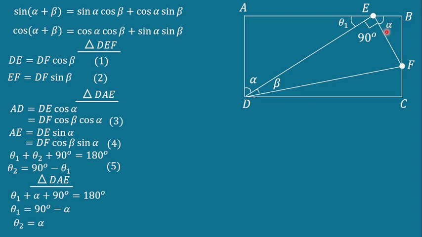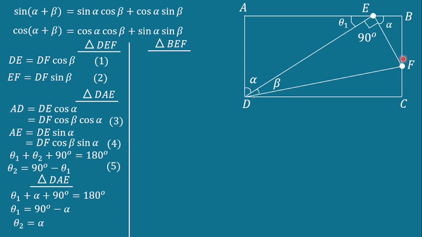Now I turn my attention to triangle EBF. From triangle BEF I can see that the angle at vertex B is 90 degrees, and we know the angle at side EB, therefore side BE is the base of this triangle and BF is the perpendicular.